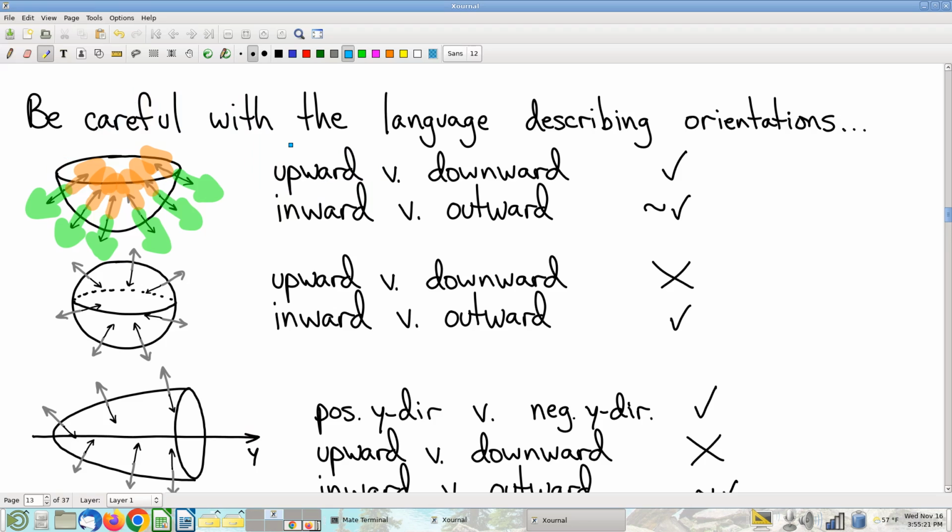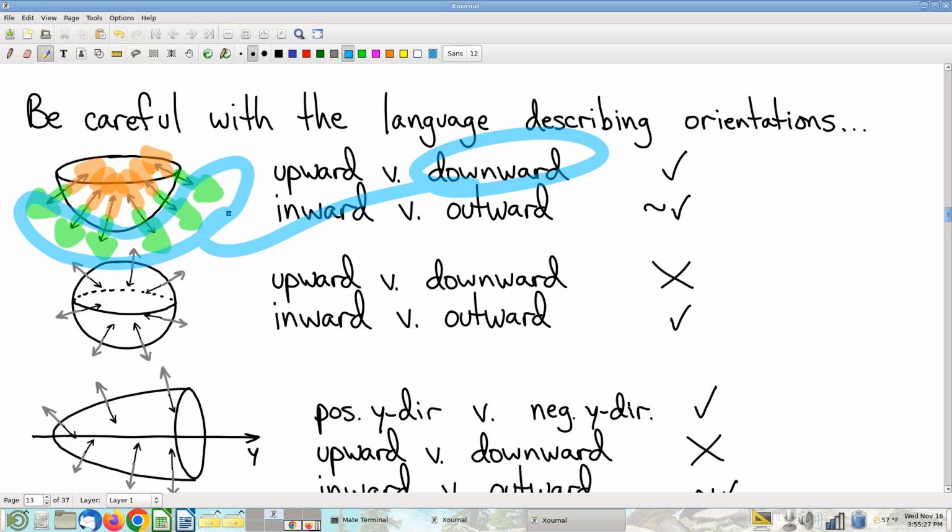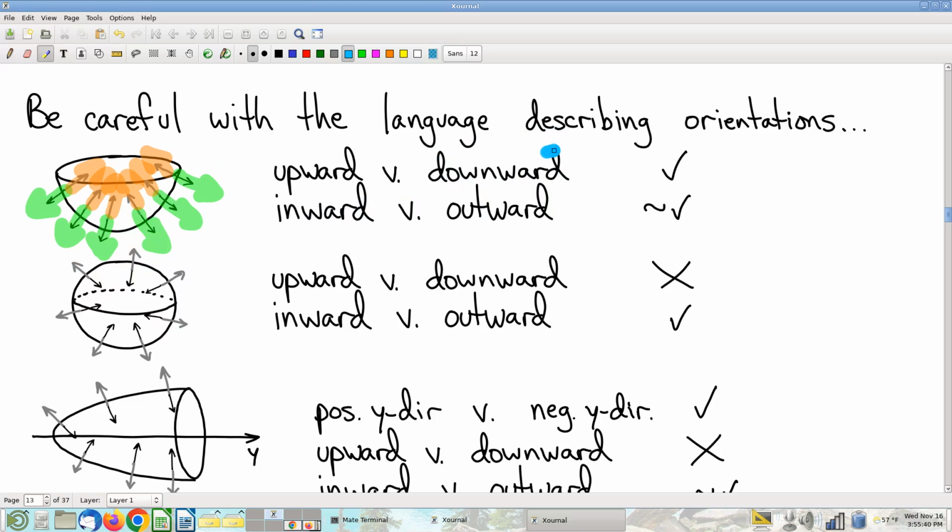And then likewise, downward. All of these green vectors are at least somewhat downward-ish. And none of the orange vectors are in any sense downward-ish. And so downward, again, not exact, it's not precise, but it's completely unambiguous. All right. So this is a great choice of language to distinguish between these two orientations.